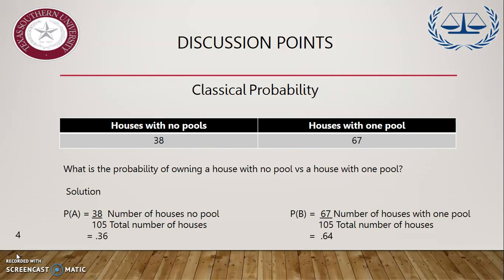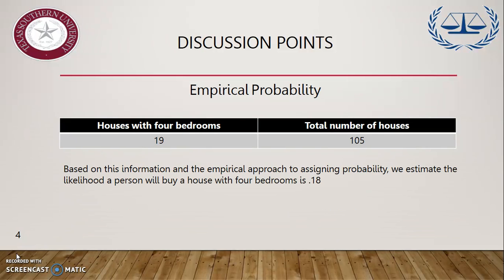I wanted to show the percentages of houses with no pool, which is 38 out of a total of 105, giving me 36% of houses with no pool, and conversely 67 over 105, or 64%. So that's an example of a classical probability showing houses with no pool versus houses with one pool. Empirical probability was a little different.